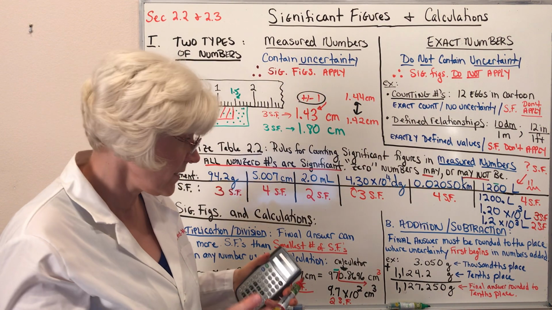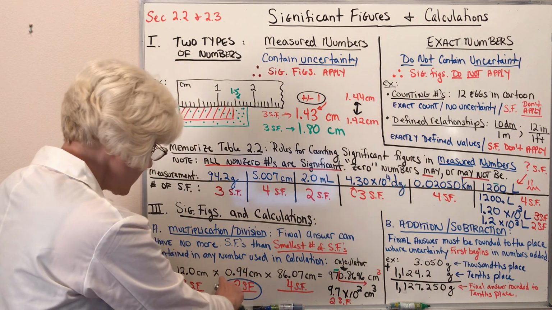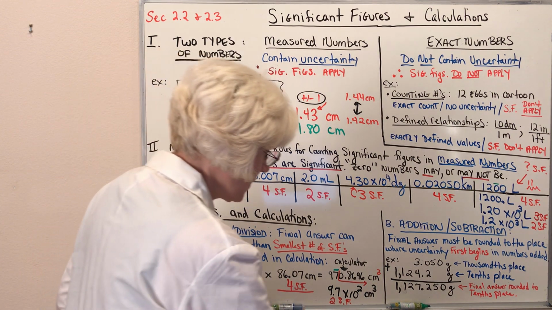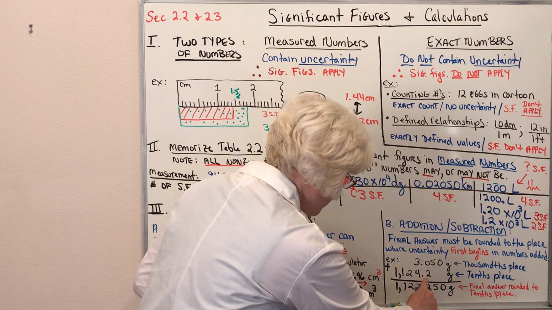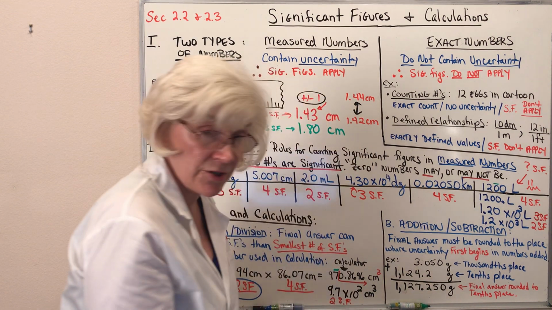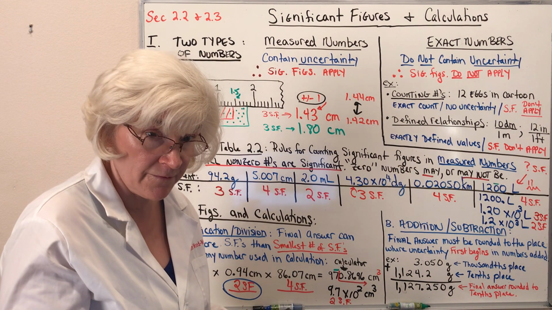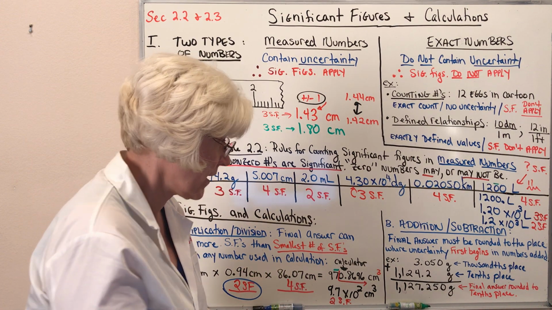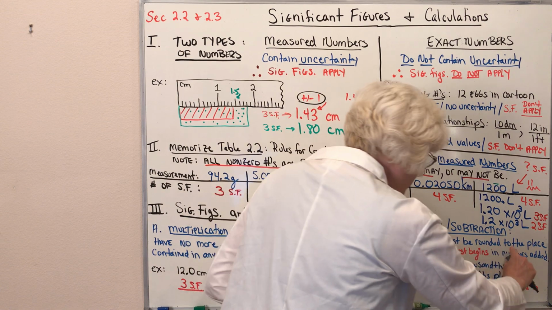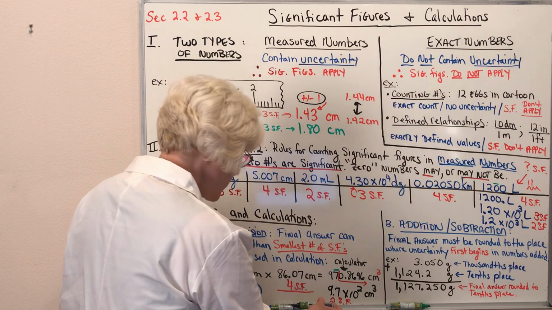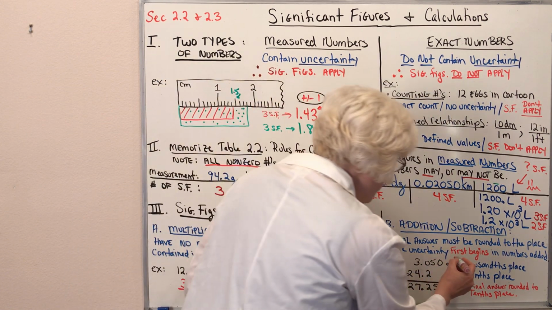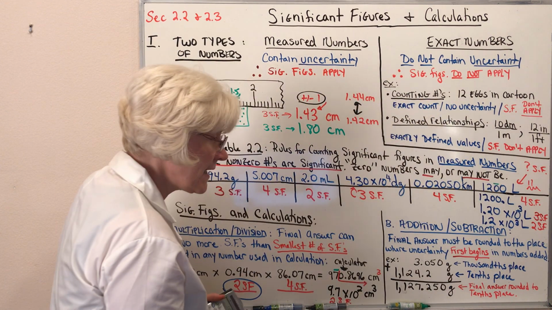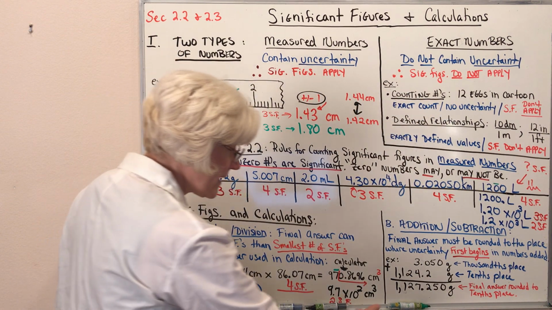Now you cannot use this rule. You cannot use the multiplication division rule: 4 sig figs, 5 sig figs, our answer should have no more than 4 sig figs. That's a common but incorrect error. Instead, the final answer must be rounded to the place where uncertainty first begins in any of the numbers being added.